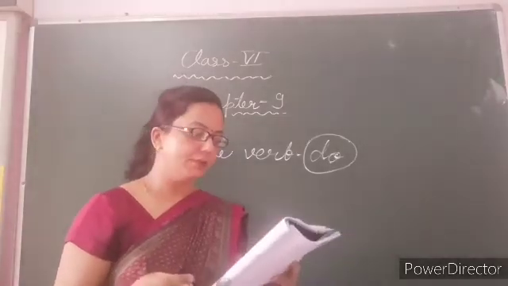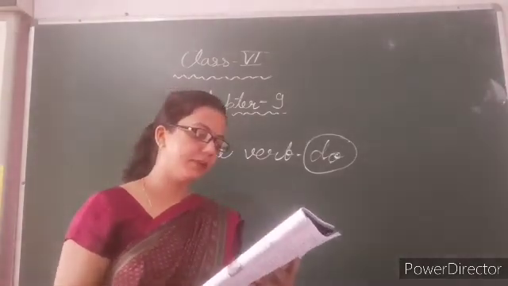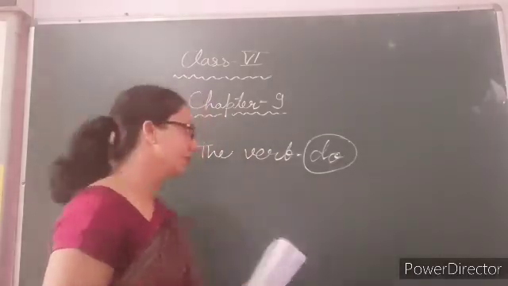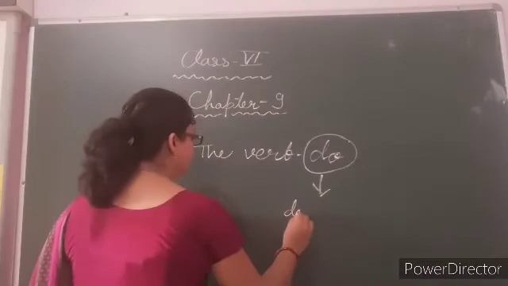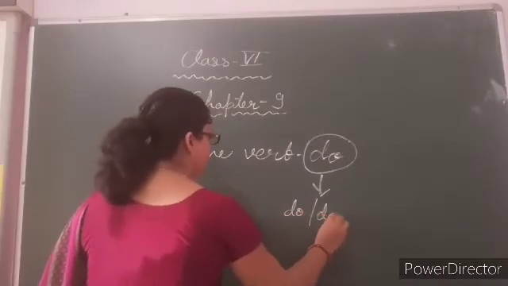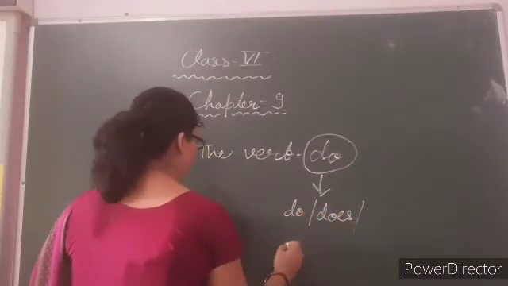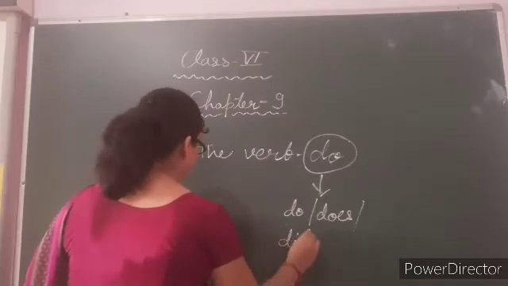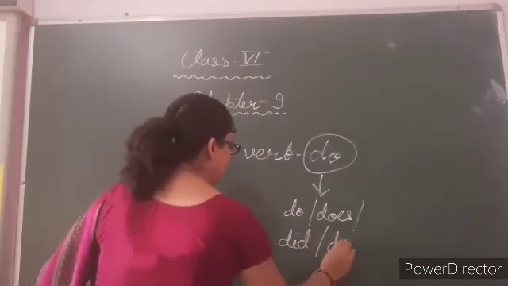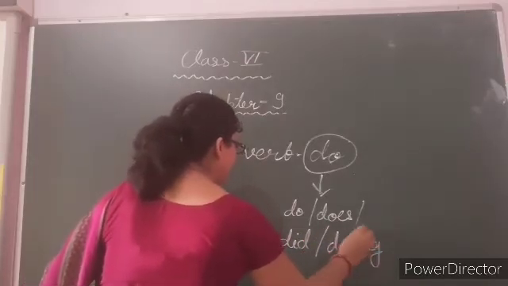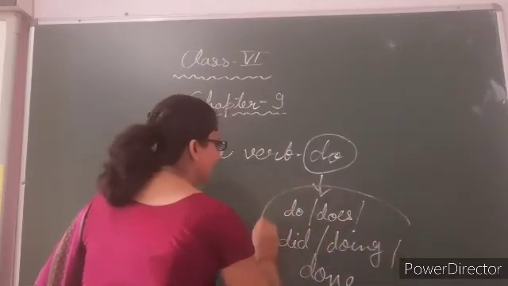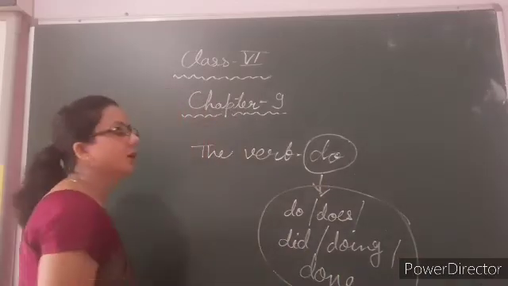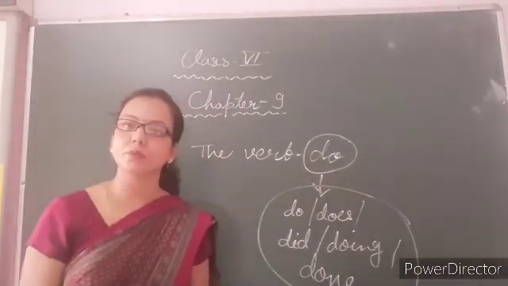Now here we use the verb do as a main verb. And what do you mean by the do? Before starting this, have a look. Do means do, does, did, doing and done. These all are your do form verbs.